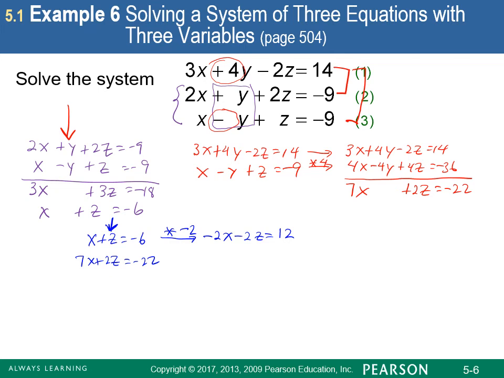And copy the other one down. Add them together. That would be a 5x, 0, and negative 10. And we can finish solving that rather easily.